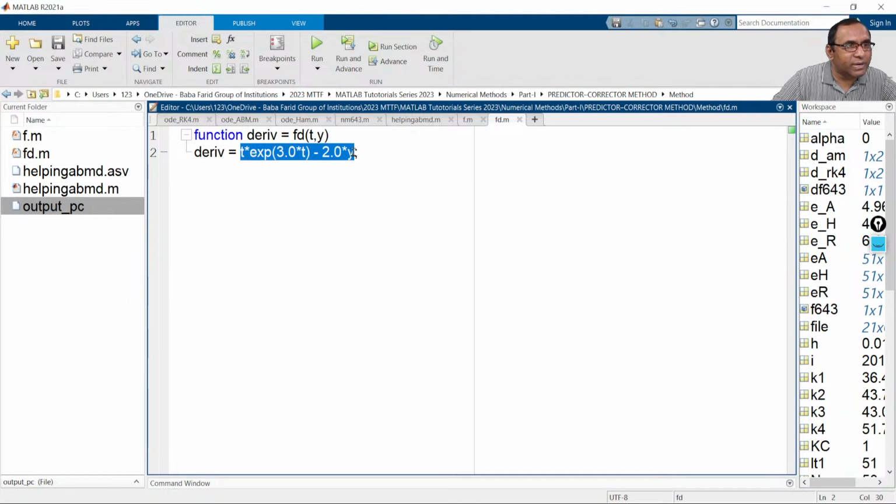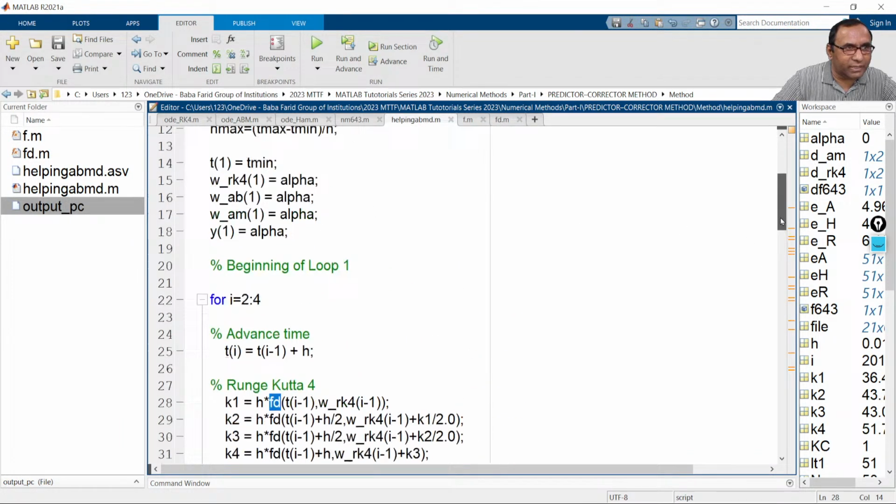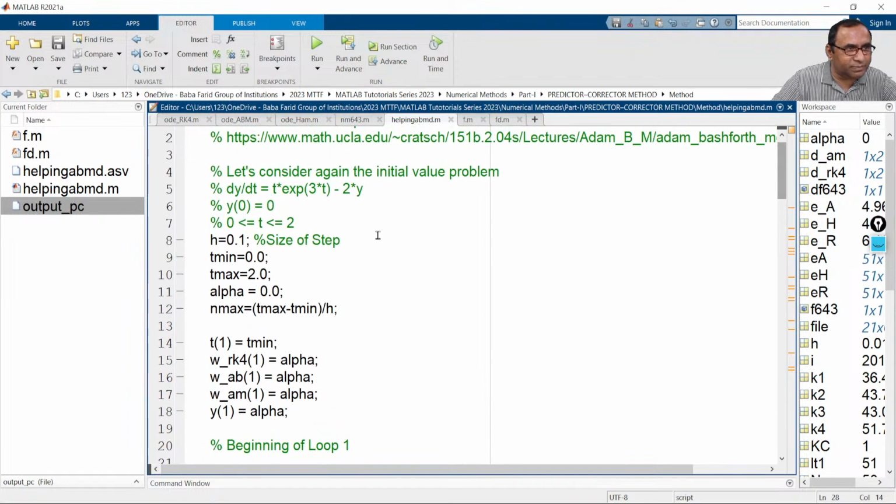This is the given differential equation, t exp(3t) minus 2y. This is the same as we have. I explained that we are taking this differential equation. And these are the initial conditions, and we want to find the solution for this interval. Okay.